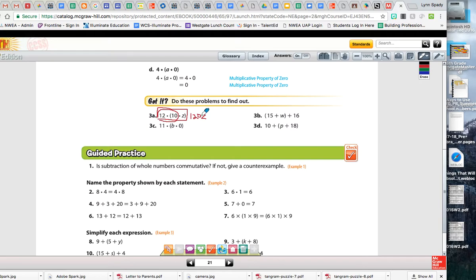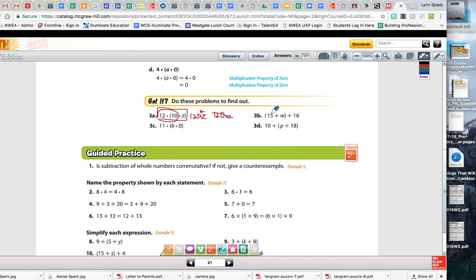Of course, you could put a dot there showing multiplication. You could put an asterisk there showing multiplication. The only thing I would not do is put an X for multiplication, because then it looks like a variable. 120xz means something different in algebra. So either a dot or an asterisk or even parentheses is fine.